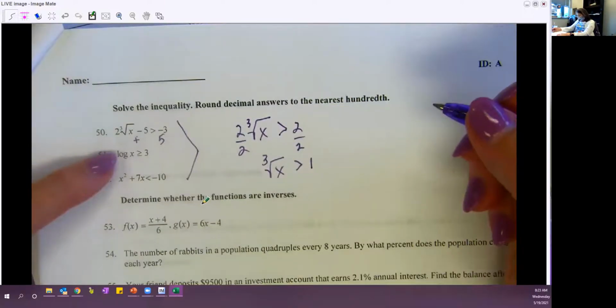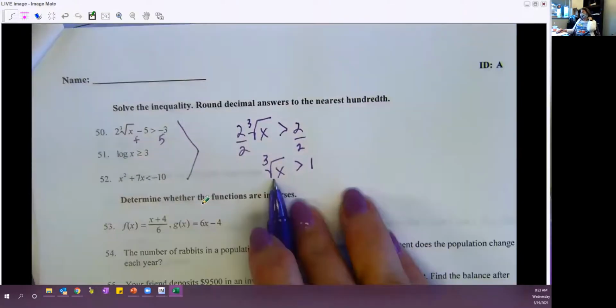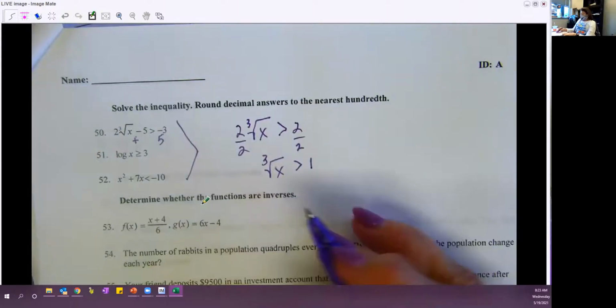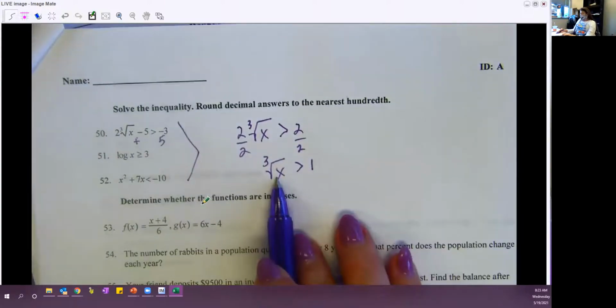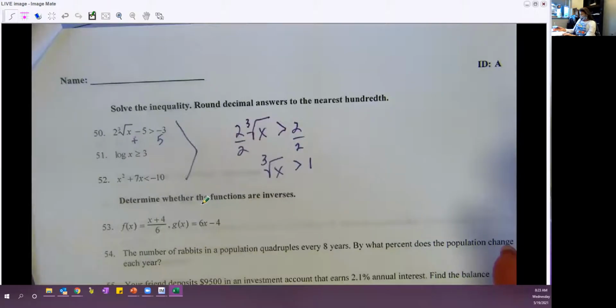What does it say? Round the decimals. Okay, a cube root can be positive or negative because it's odd. So we can have negative x values here or positive x values here. They want me to round it.